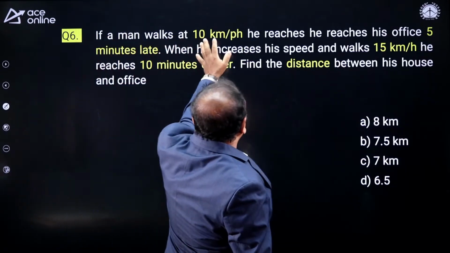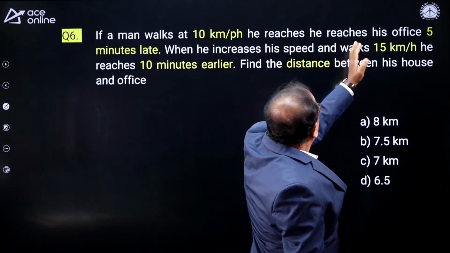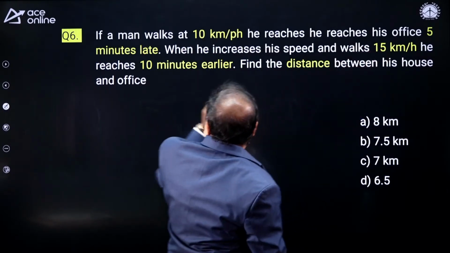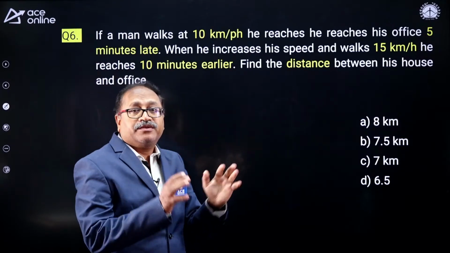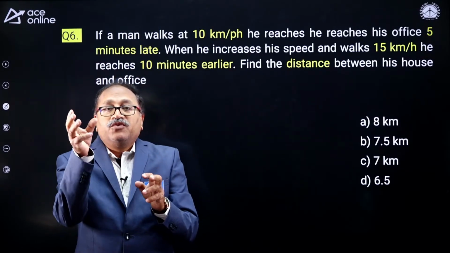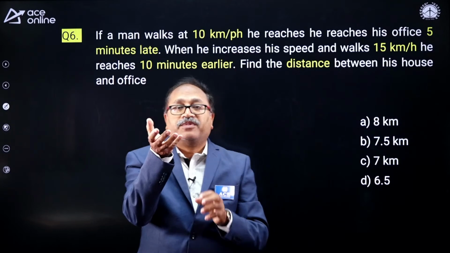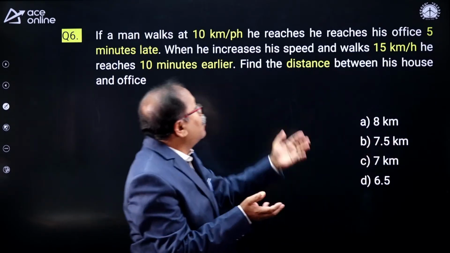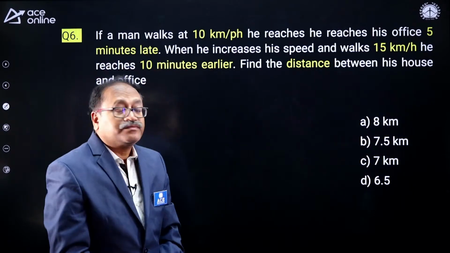A man walks at 10 km per hour and reaches his office 5 minutes late. The question is very clear. If you are walking at a speed of 10 km per hour, you are late by 5 minutes.